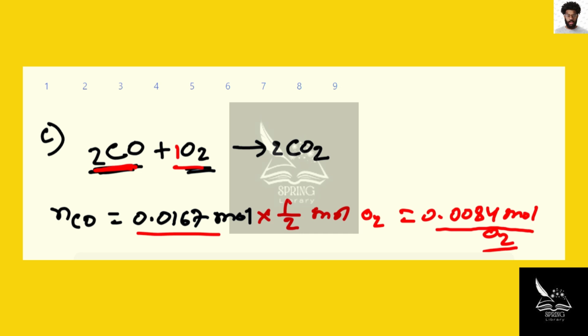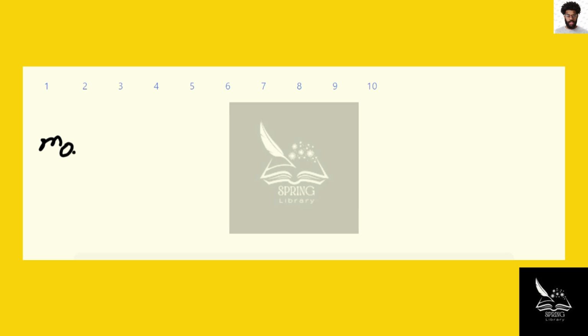So we have to find out the mass of oxygen for this many moles of oxygen. So the mass of oxygen to convert the excess carbon monoxide will be equal to the number of moles of oxygen which is required, 0.0084 mole, times the molar mass of oxygen.